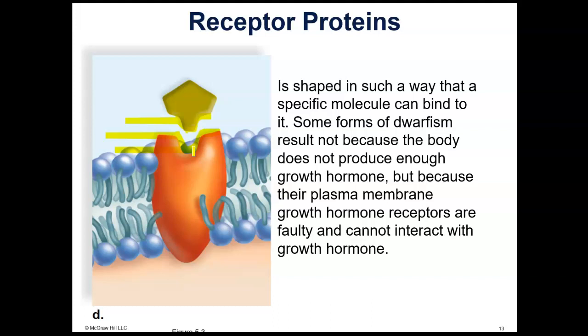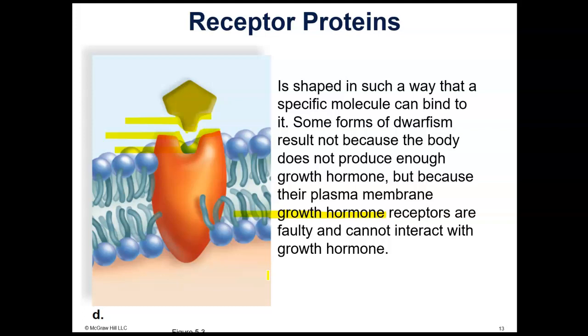And so that's what a receptor protein does. In this case, the ligand is growth hormone, and the receptor protein is the receptor for growth hormone. If the growth hormone can bind to the receptor protein, then it will cause the cell to facilitate some processes important in growth.